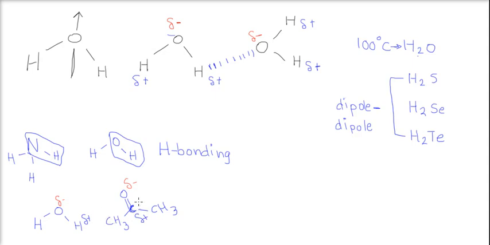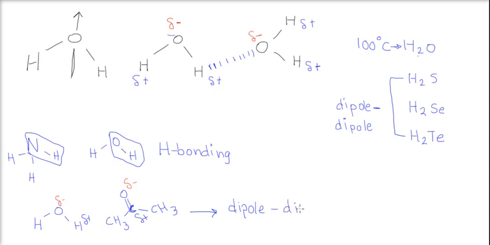And the reason for this is because even though this oxygen is partially negative, the hydrogens are not attached or bonded to that oxygen. The hydrogens are attached to a carbon atom. And so in the case of water with acetone, the intermolecular force that exists between these two is only dipole-dipole.